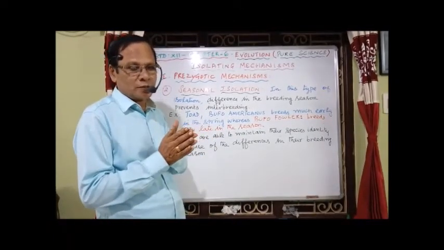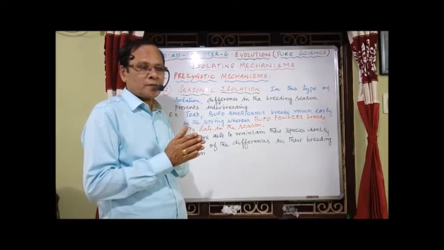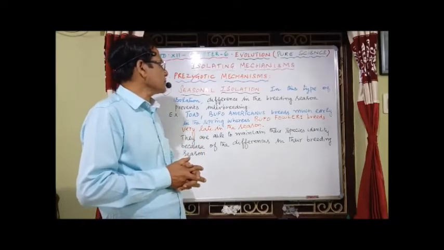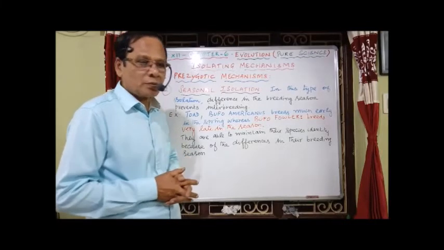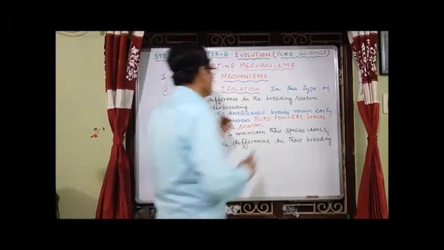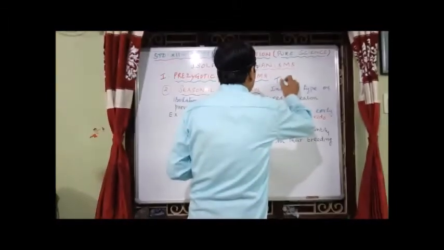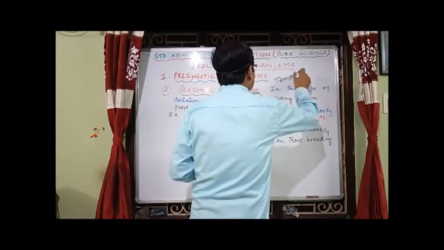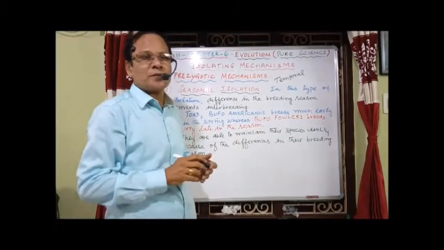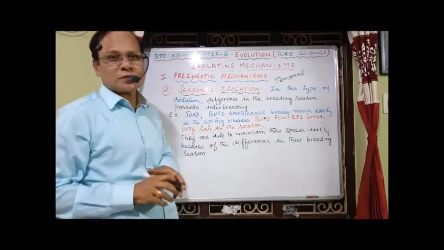One species breeds in one season, another breeds at another time. This is also called temporal isolation. Reproduction in different seasons prevents interbreeding between two different species.